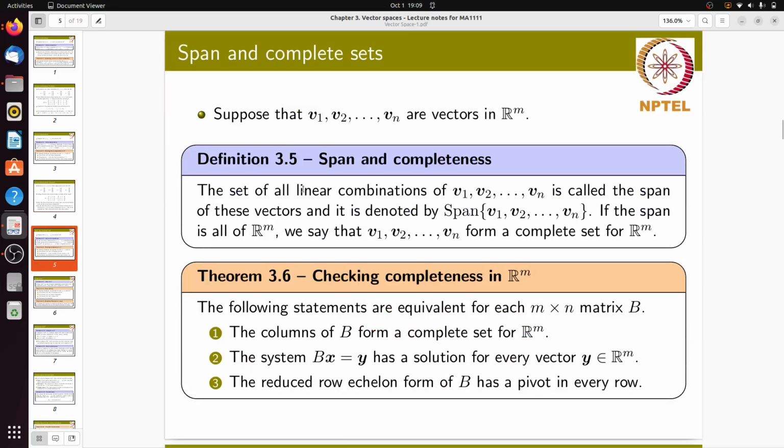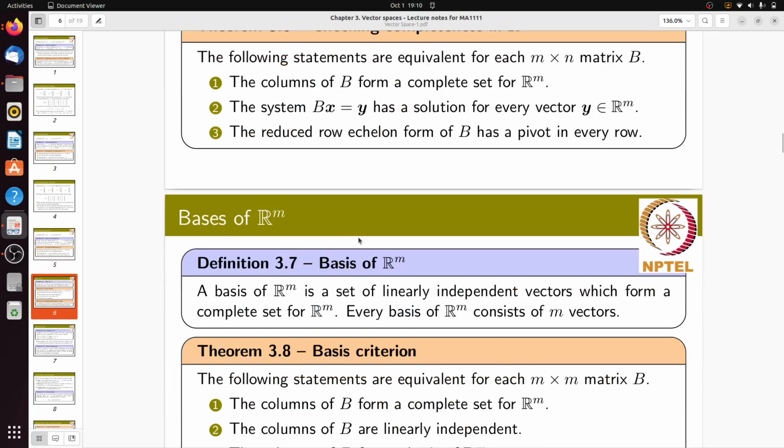Now there is also the concept of span. Suppose that V1, V2, Vn are vectors in Rm. Span means the set of all linear combinations of V1, V2, Vn is called the span of these vectors and is denoted by span of V1, V2, Vn. If the span is all of Rm, we say V1, V2, Vn form a complete set of Rm. Okay.